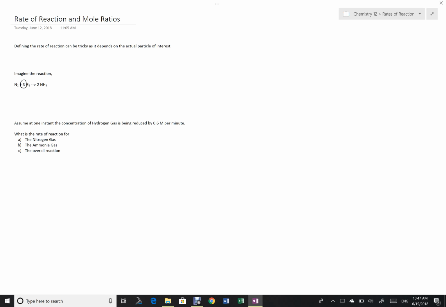So my rate is 0.6 molarity in 1 minute or 60 seconds. So let's just reduce that to 0.6 divided by 60, 0.01 molarity per second. So that was my rate for my hydrogen gas.